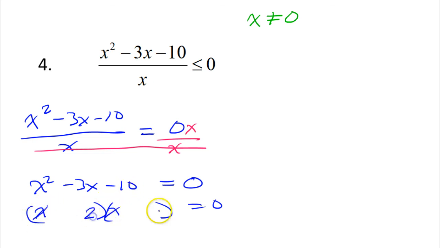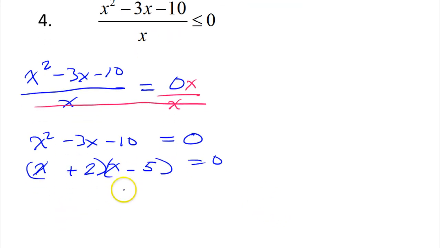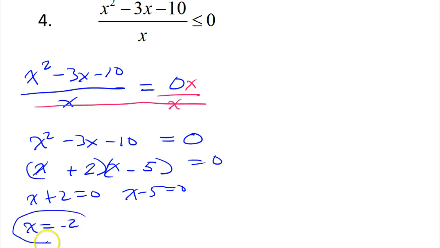It's probably going to be 2 times 5, positive 2, negative 5. Okay, because inner plus outer equals middle. Inner I have 2x, outer I have negative 5x. That's how you get negative 3. So I can get the solutions to this equation by setting these equal to 0. So here I will have x equals negative 2, x equals positive 5.